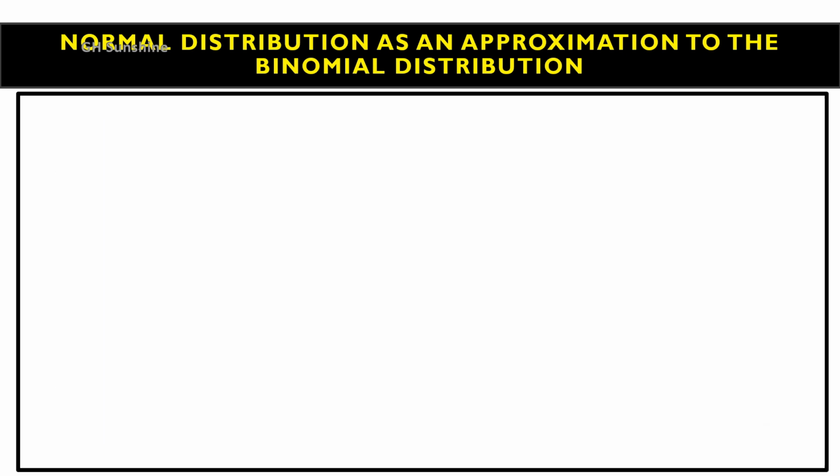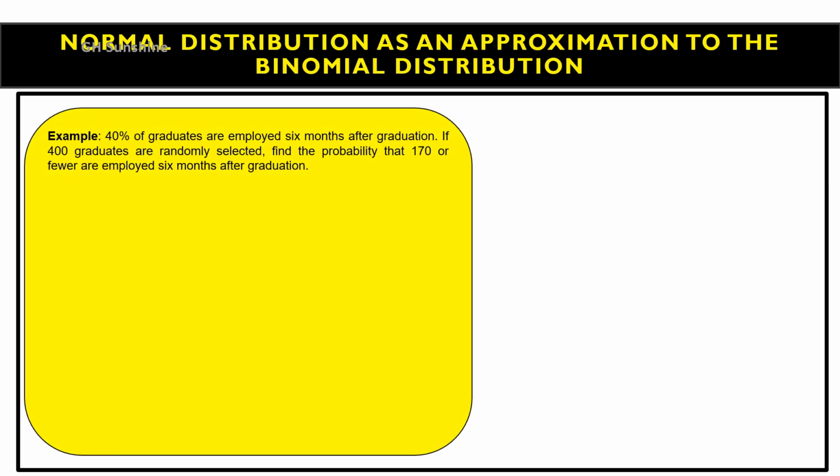Let's try this example. 40% of graduates are employed 6 months after graduation. If 400 graduates are randomly selected, find the probability that 170 or fewer are employed 6 months after graduation. So this one, we know that this is a binomial distribution.